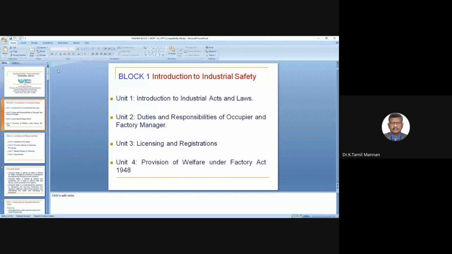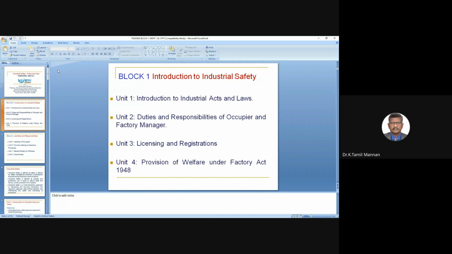What are the contents and important topics covered in the course? This course MIS 022 Industrial Safety Rules and Acts has two blocks, block 1 and block 2. Block 1 has 4 units and block 2 also has 4 units. In block 1 we have unit 1, unit 2, unit 3 and unit 4.